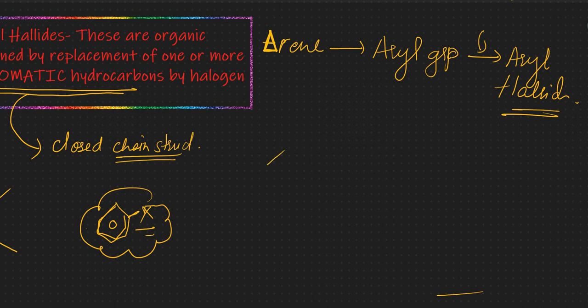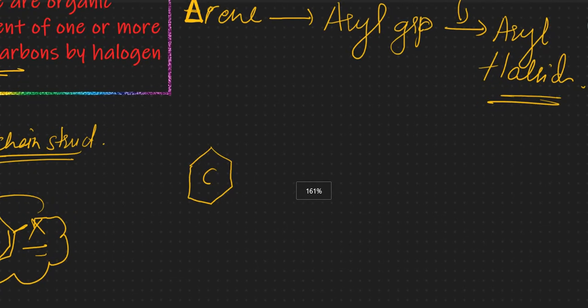So let's say I have this benzene ring with a hydrogen atom H, and I remove this hydrogen atom from the structure and replace it with a halogen atom X, where X could be fluorine, chlorine, bromine, or iodine, and this is your basic haloarene.